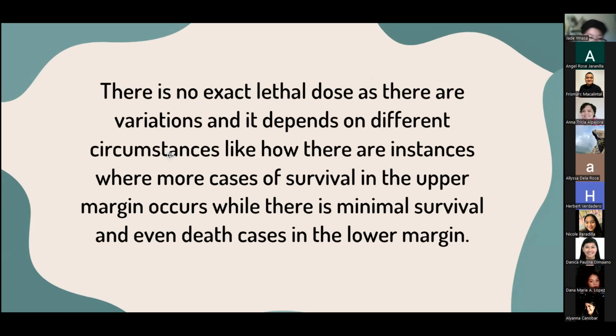So as we said, lethal dose varies from person to person, depending on circumstances like the weight of a person, if may sakit na ba dati yung person, or may nararamdaman ba siya, or may hinalo siya sa ininom niyang substance or drugs. So lethal dose varies, and it doesn't have a certain amount na objectively.